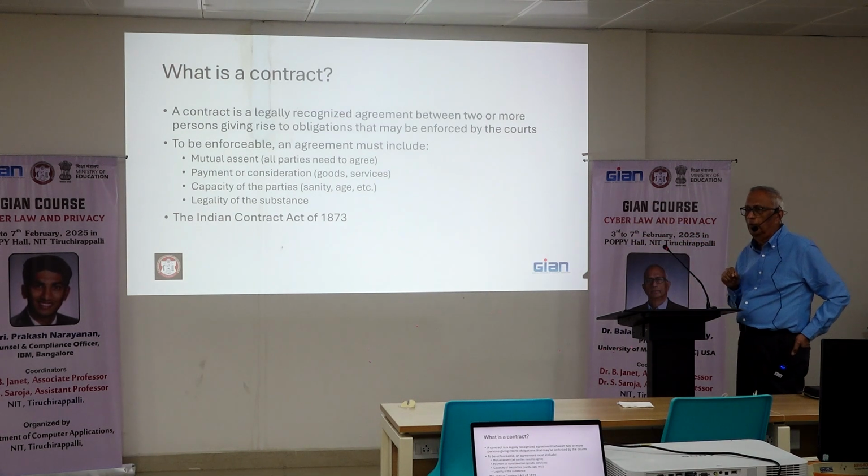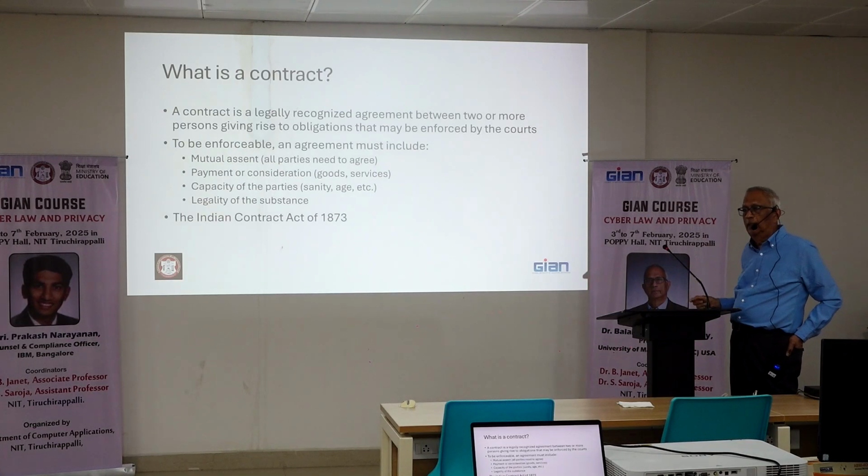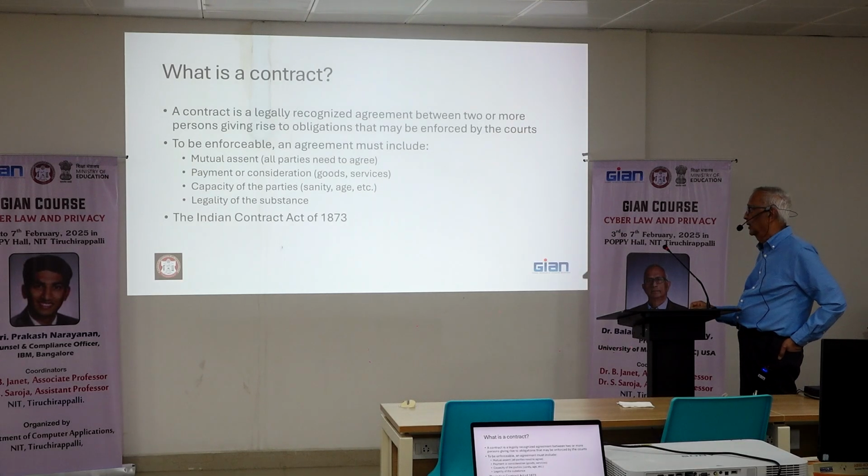And then the capacity of the parties. A contract is valid only if the person signing it is sane and not under duress. You're not forcing a person on their deathbed to sign something that you want. So the capacity of the parties is important, and the court will look into it in order to uphold the contract.